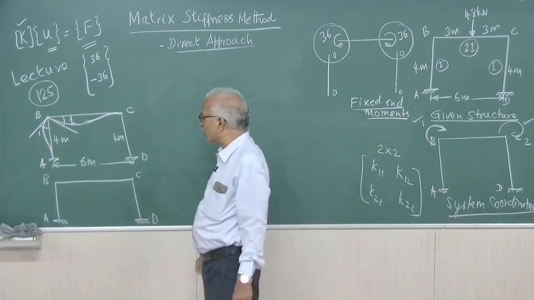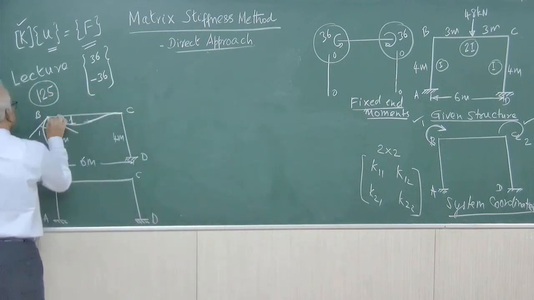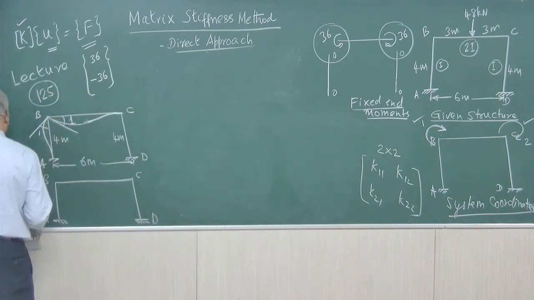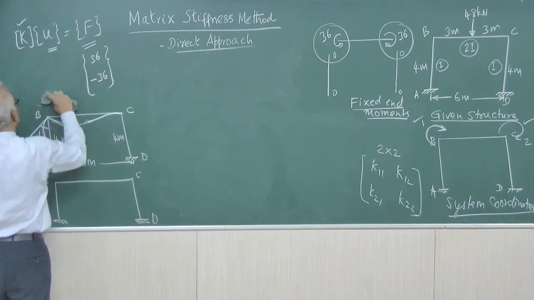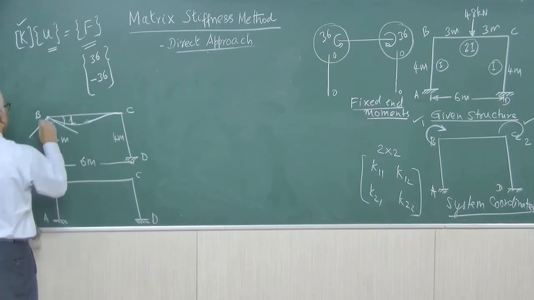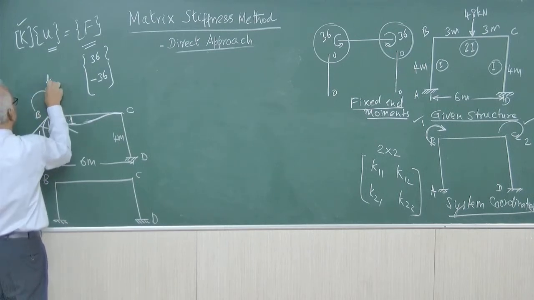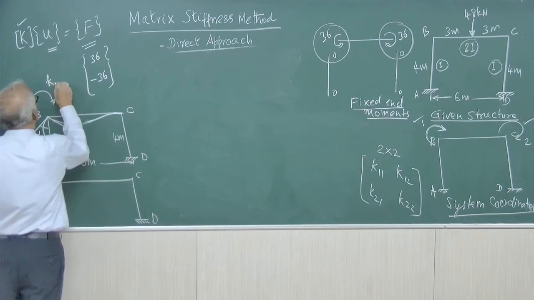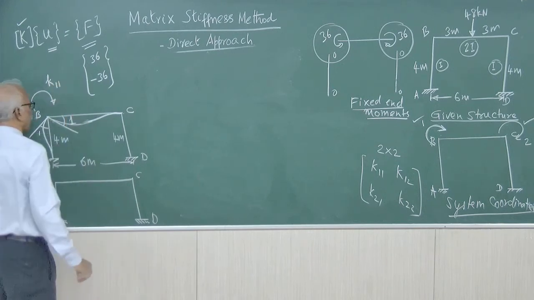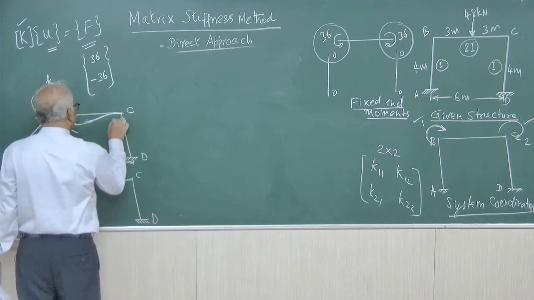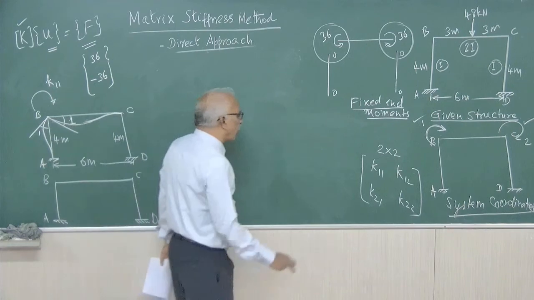Right. Now, K11, that is, whatever is the force that is required for causing unit rotation here, this force will be K11. K11 is the force to be applied at coordinate 1 for causing unit rotation at coordinate 1. And here there will be a carryover moment at the next coordinate. We have to consider only the coordinates 1 and 2.